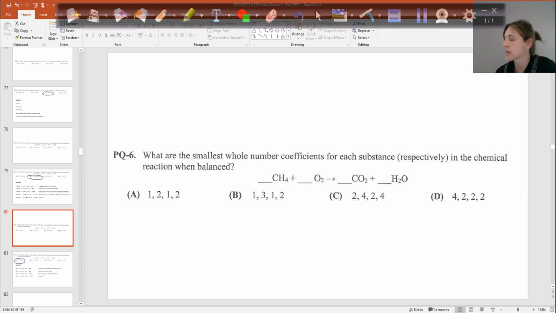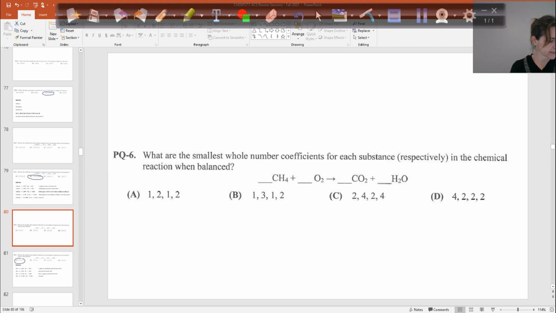Then I move on to the hydrogen, and I have 4 hydrogens and only 2 on this side. I'm leaving oxygen last, not only because it's last in here, but also because oxygen is present in both of the product molecules, so it's going to be harder to wrap up, and I'd like to wrap up with it. So if I see 4 hydrogens and 2 here, what can I do to fix that?